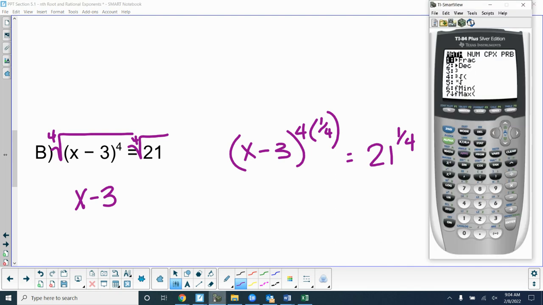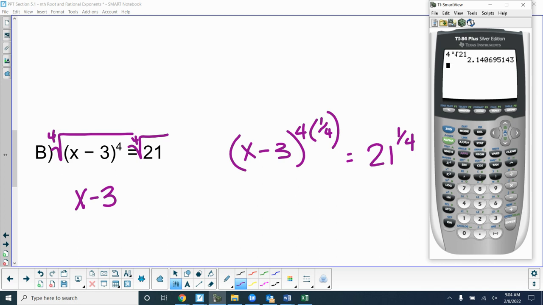If I'm doing the 4th root, I hit the 4 first, math, number 5, 21. I like to close it up. I didn't. I did 3rd root, didn't I? Sorry. Let's clear that out. So I need a 4 for the 4th root, math, number 5, and then 21 to get that answer.